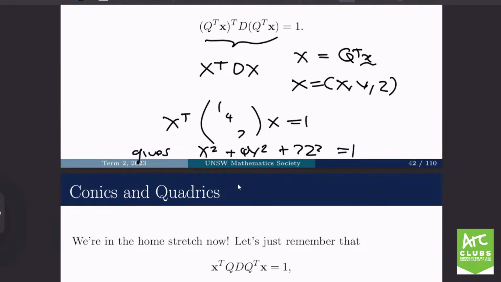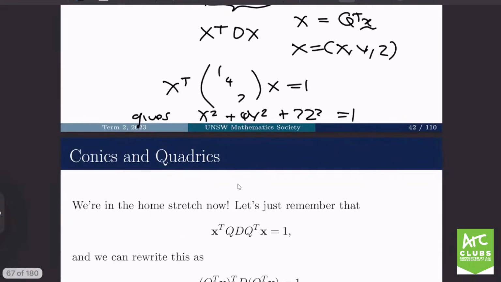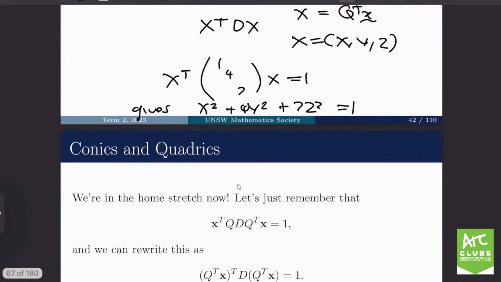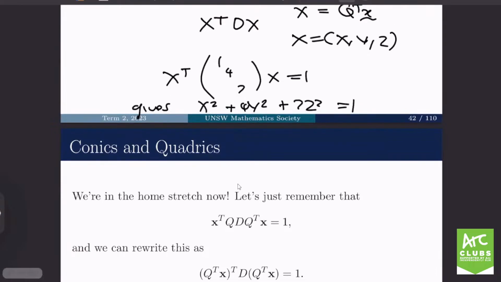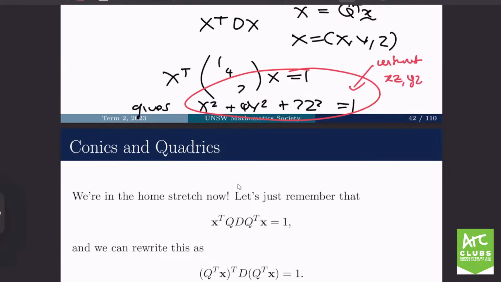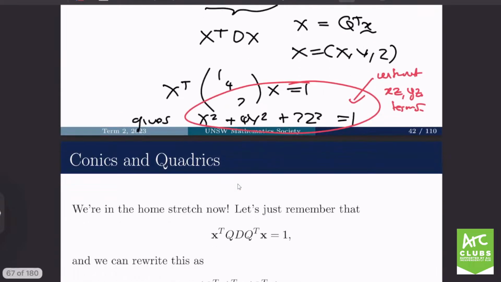Because it's very nice with these diagonal matrices. If we just want to expand it all out, it'll just be like this. And you can see that what we have is a corresponding quadric surface here, without the problematic xz, yz, etc. terms.